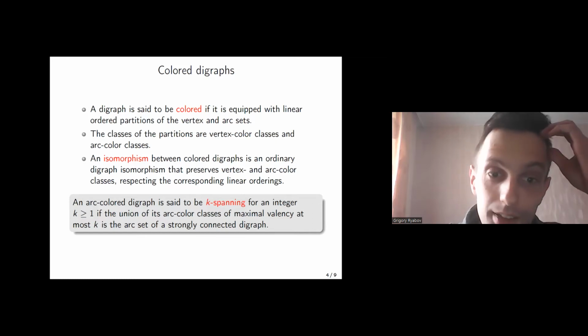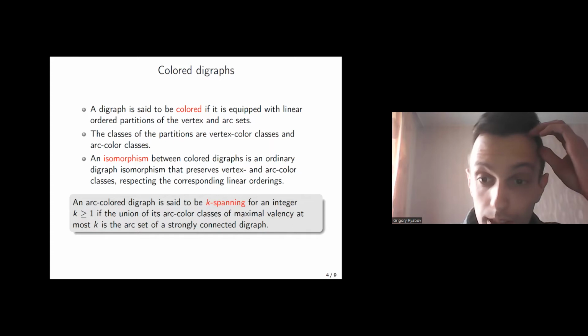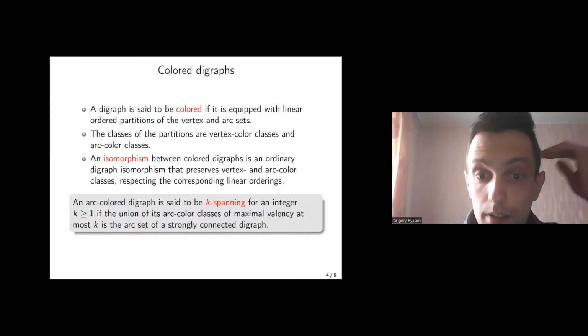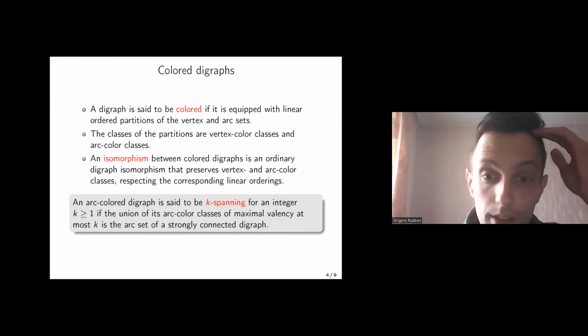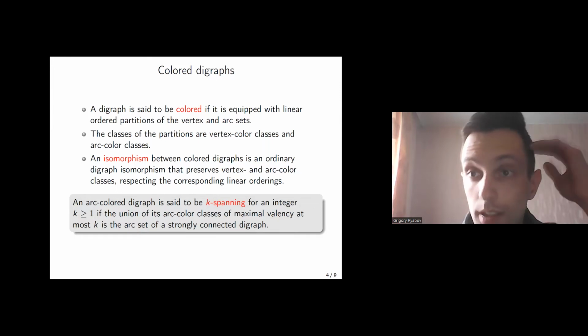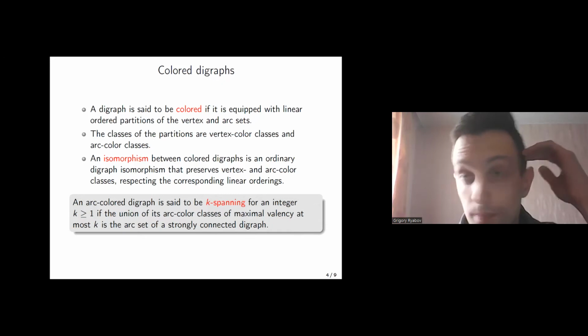An arc-colored digraph is said to be k-spanning for an integer k if the union of its arc color classes of maximal valency at most k is the arc set of a strongly connected digraph. I recall that a digraph is said to be strongly connected if for any vertex there is a directed path to any other vertex.